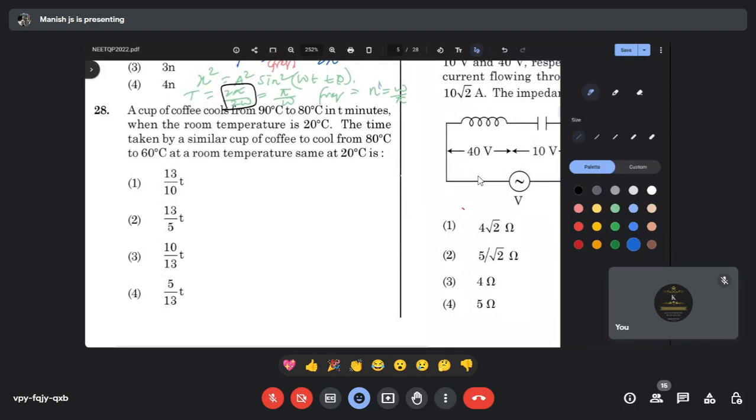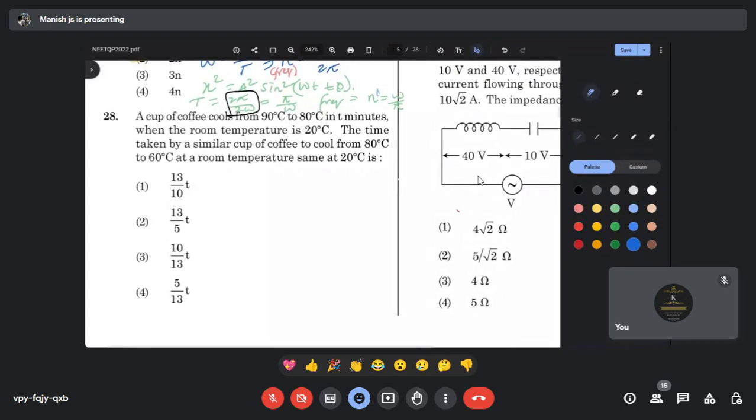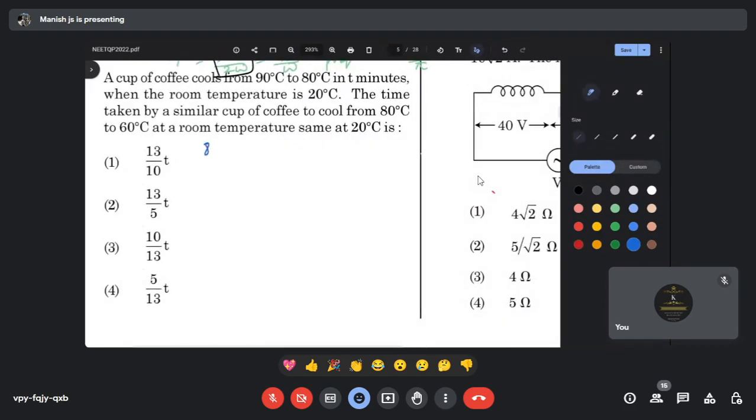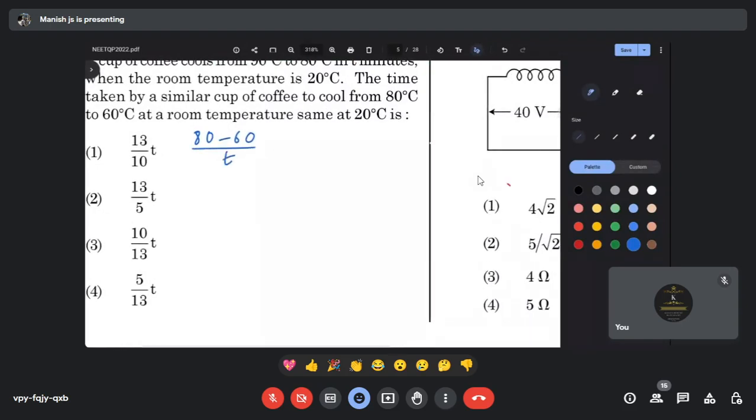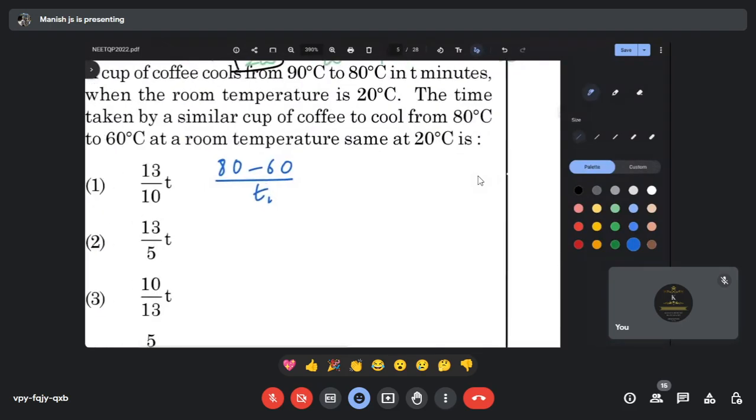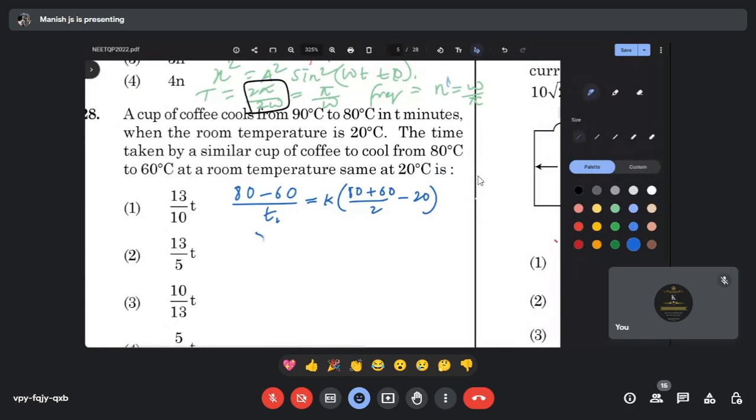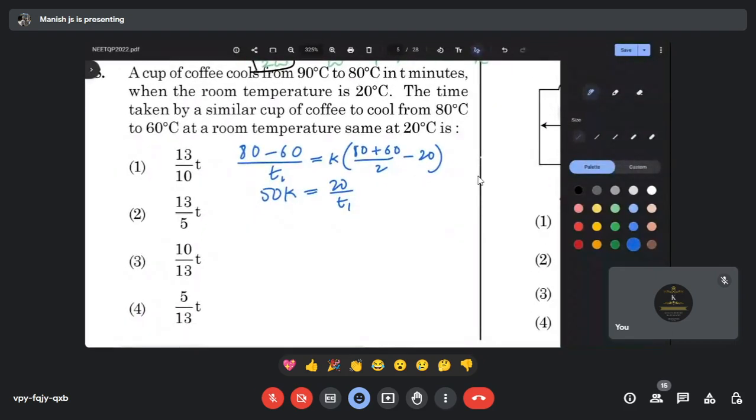So when we relate first to second, directly I am substituting 80 minus 60 upon t1, let me take it as t1, is equal to k times (80 plus 60) upon 2 minus 20. That is the temperature of surroundings. Okay, so 50k is equal to 20 upon t1. We'll get the relation like this. This is for the second case.